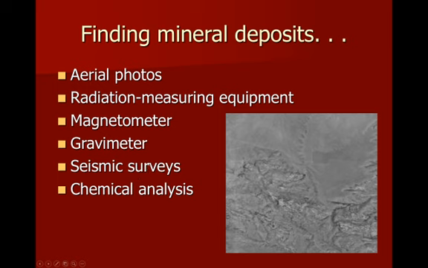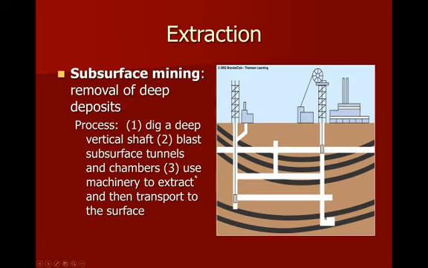And then, of course, chemical analysis of certain rocks in certain areas. So I can go out, get a rock, do an analysis on it, and it tells me, yeah, this thing is full of iron. I can go back to where I found that rock and probably find a lot more iron.